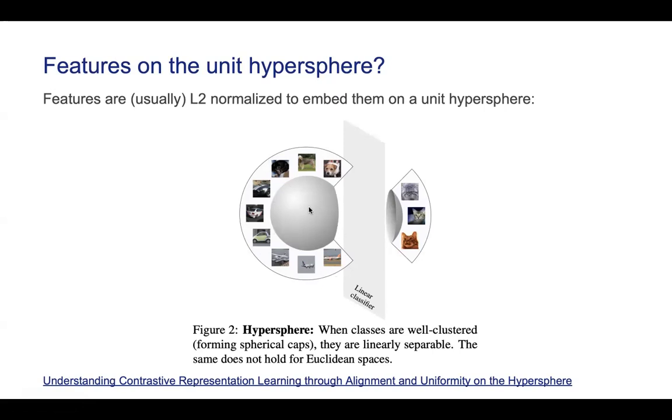I'm not sure if this is the final take on that, but you find a few papers where they argue that this hypersphere manifold is very beneficial for linear classification, because then you can separate groups that belong together very easily from the rest. This is one explanation why these normalized embeddings and this InfoNCE loss work that well. And this is one intuition.